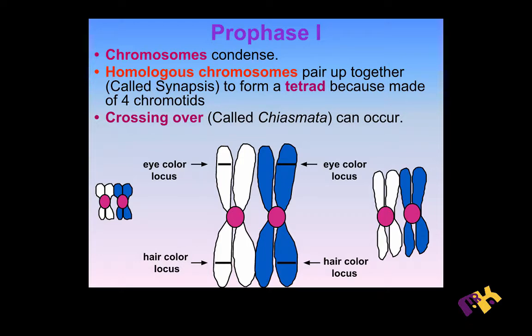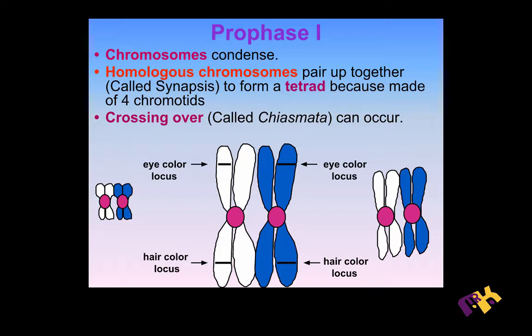This process is known as synapsis, and the formation of 2 homologous chromosomes close together is known as a tetrad. Tetra meaning 4. We have 4 chromatids hanging out real close to one another.